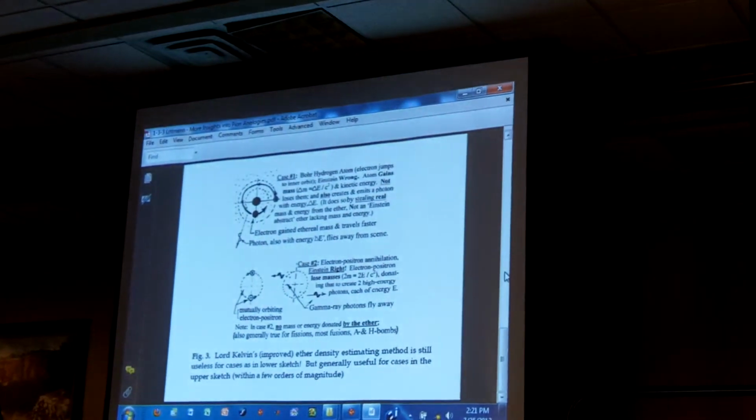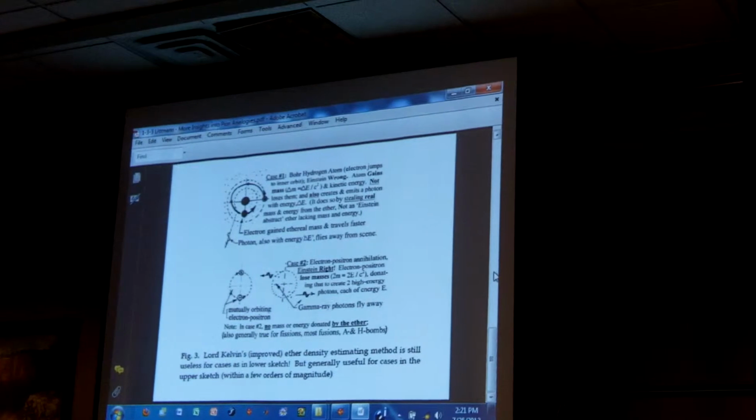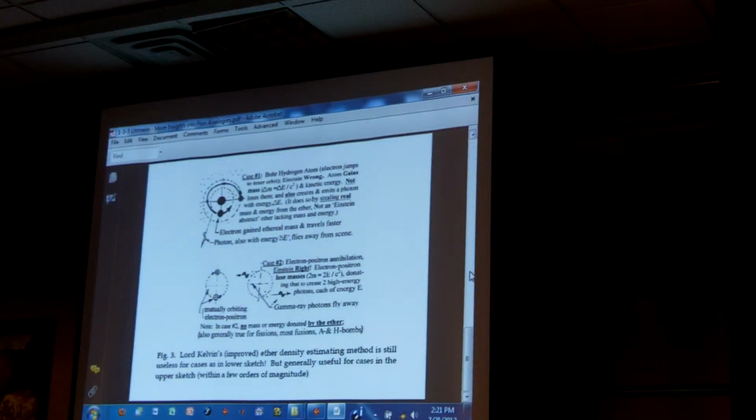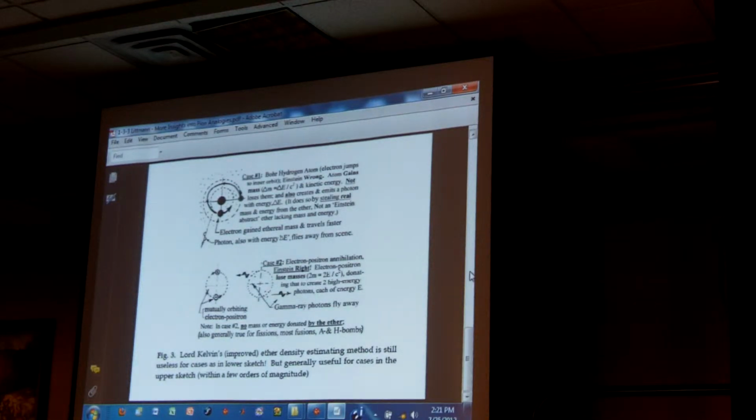Okay. Here's why I think Lord Kelvin was lucky that his estimate even got close. High energy photons can be made in 2 very different ways. There, that way, and we'll concentrate first on the one in the lower sketch. There, the bodies do not use any ether from their nearby surroundings to make the photons.